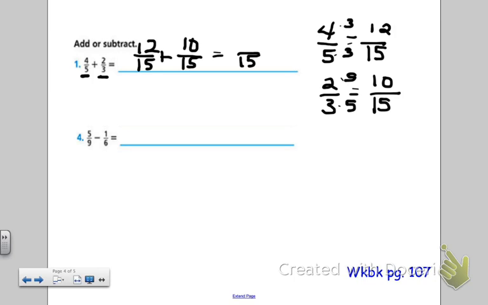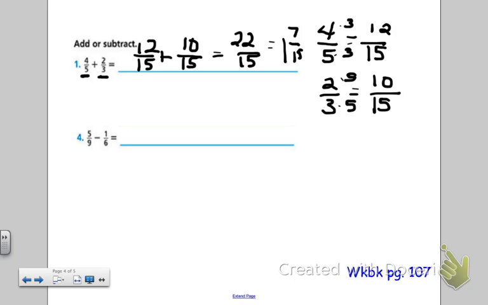Now, remember, we keep the denominators the same, and now I have 22/15, which gives me 1 and 7/15. So in this case, I just used the strategy of multiplying the denominators to get my common denominator.